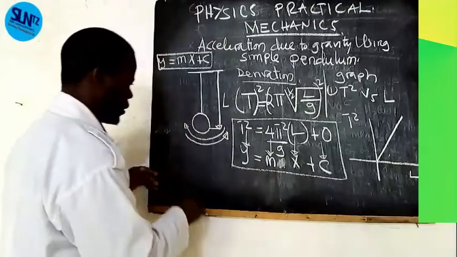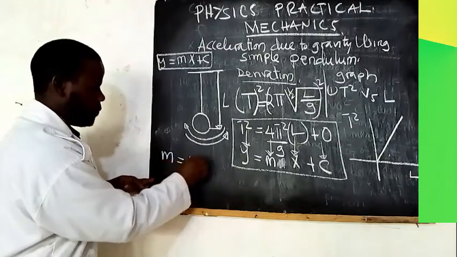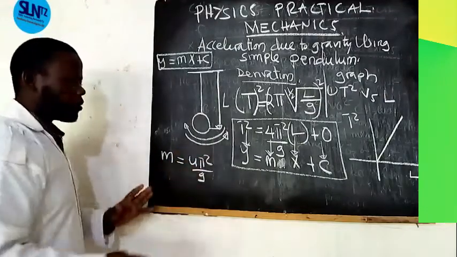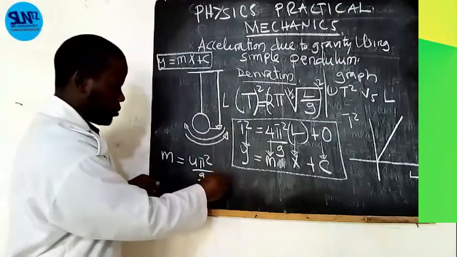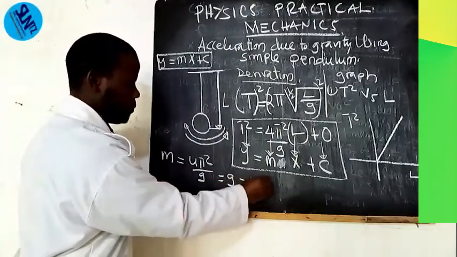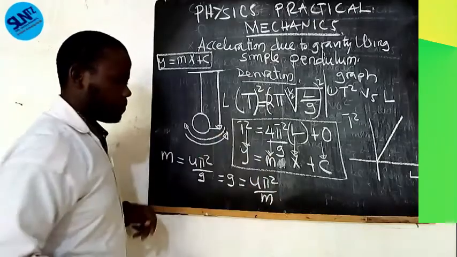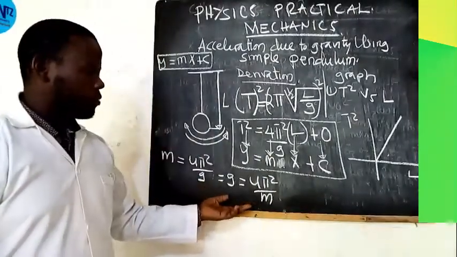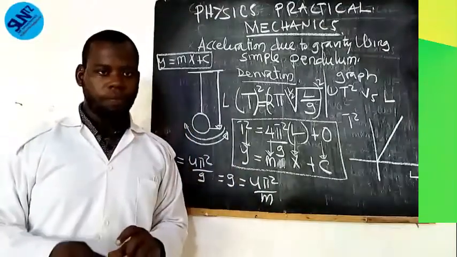It means slope is equal to 4 pi squared over g. So in order to get the value of g, g is equal to 4 pi squared over slope. That's how to find acceleration due to gravity.